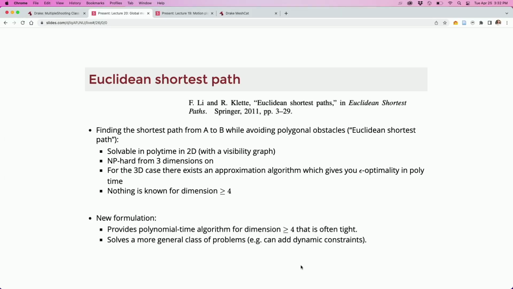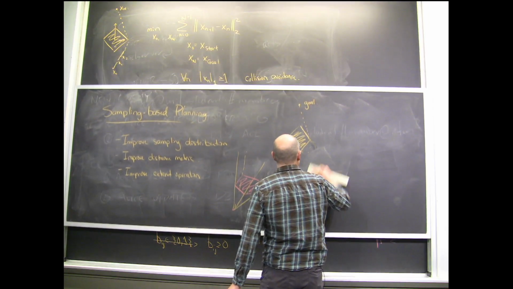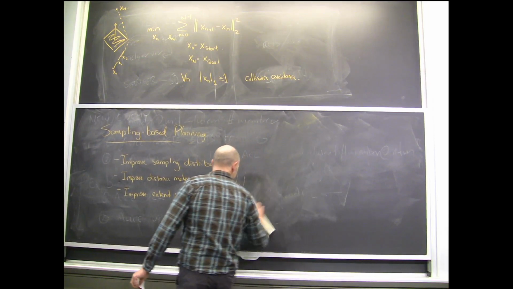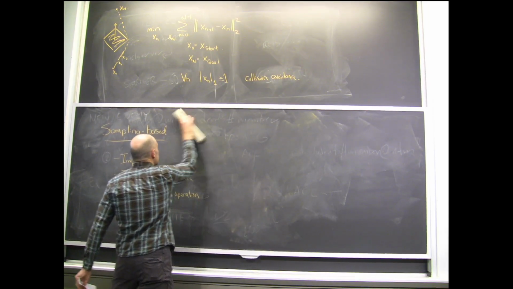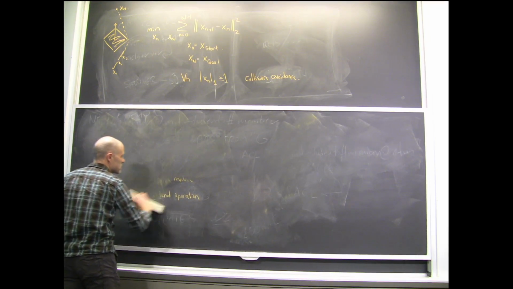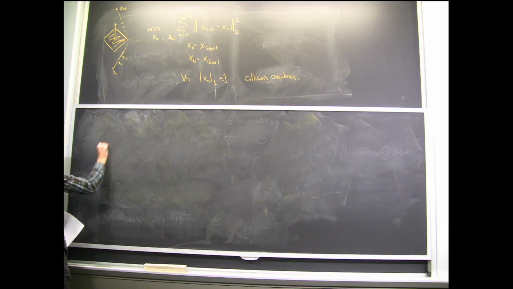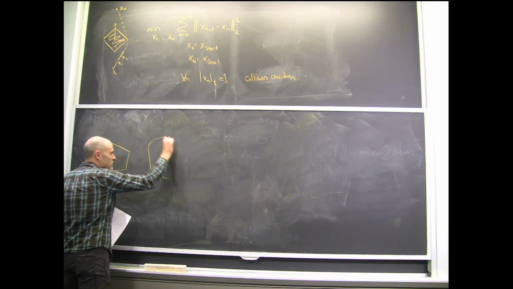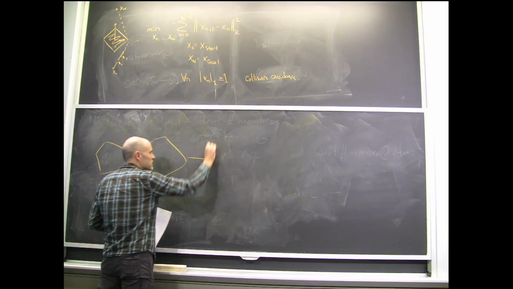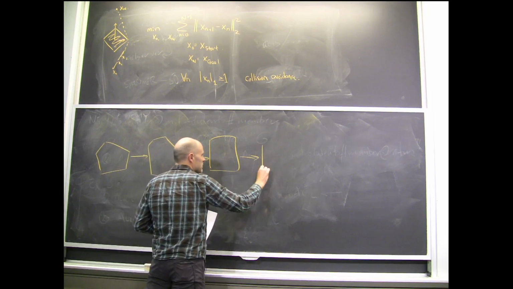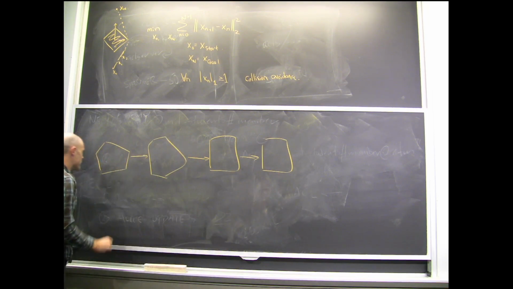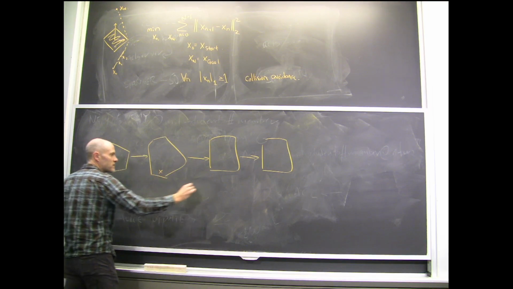You can add dynamic constraints. So for instance, think about LQR. I can write finite horizon LQR as a GCS problem. It'd be a particularly boring one in some sense, but imagine I just have a bunch of sets all in a sequence, and I have my decision variables X here.